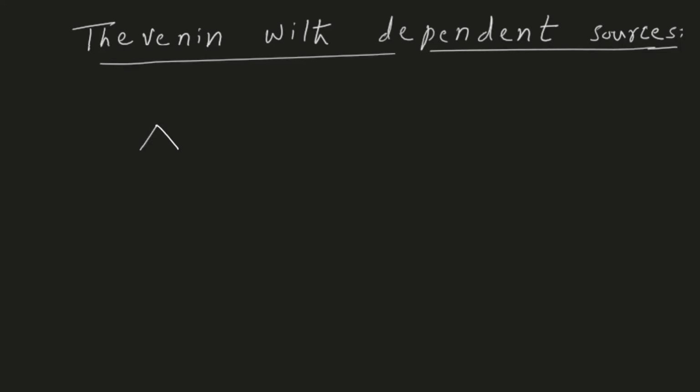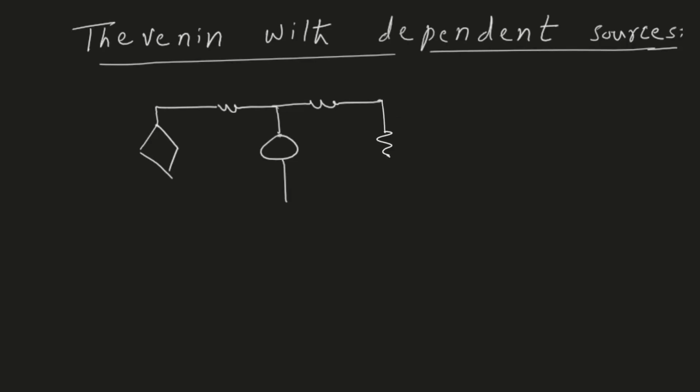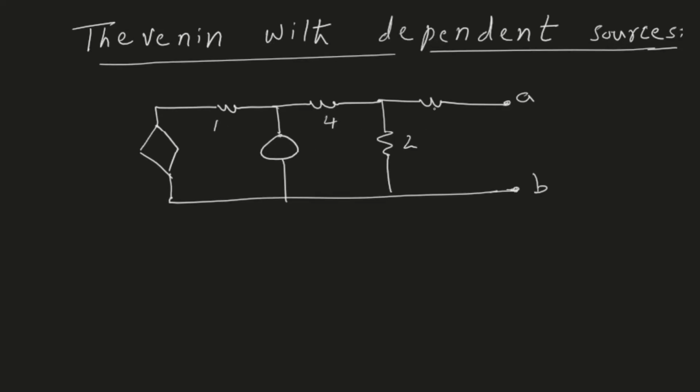the following circuit. So let's say we have these two sources and a few resistors, and these are our terminals A and B. The resistors are 1 ohm, 4 ohm, 2 ohm.